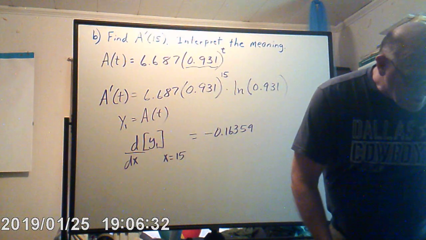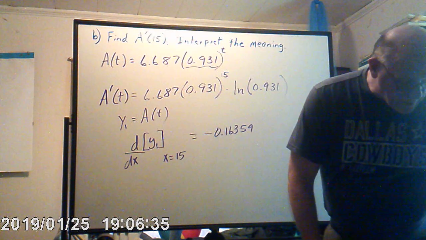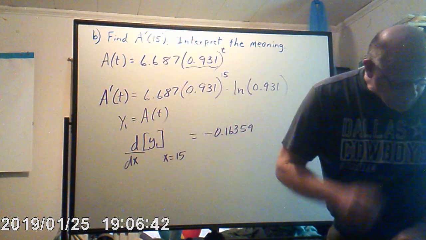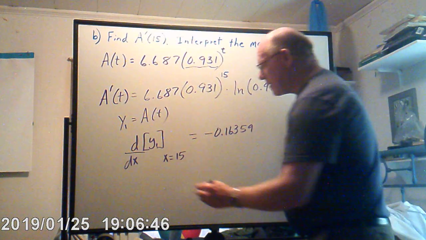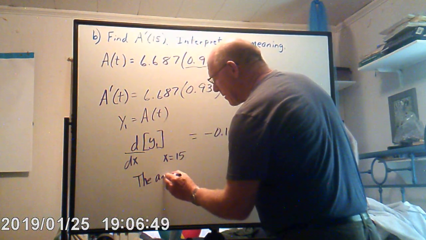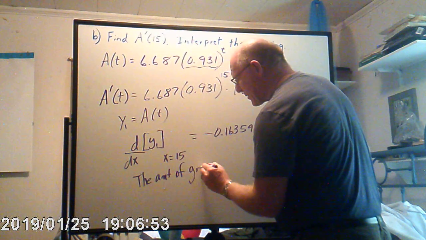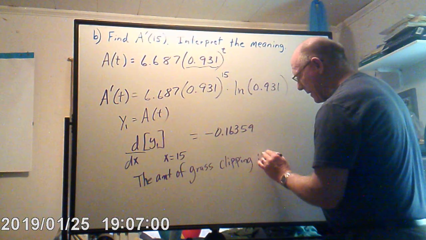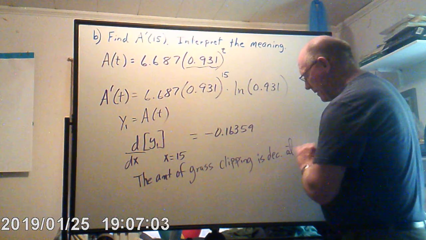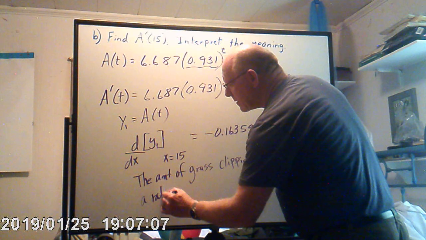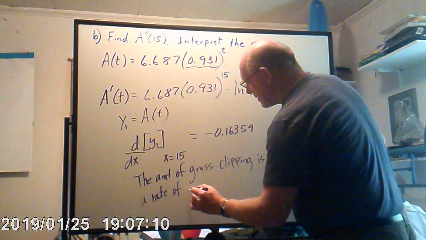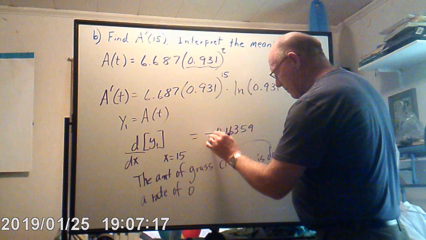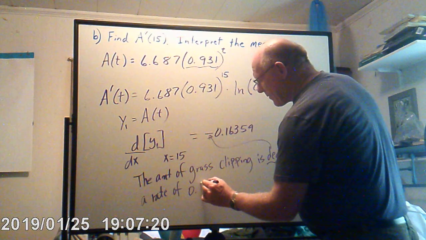And of course here, the amount of grass clippings in the bin is decreasing at a rate of, in this case, now again, no, it's already decreasing, the negative sign is already associated with the negative, so you don't have to put the negative here.